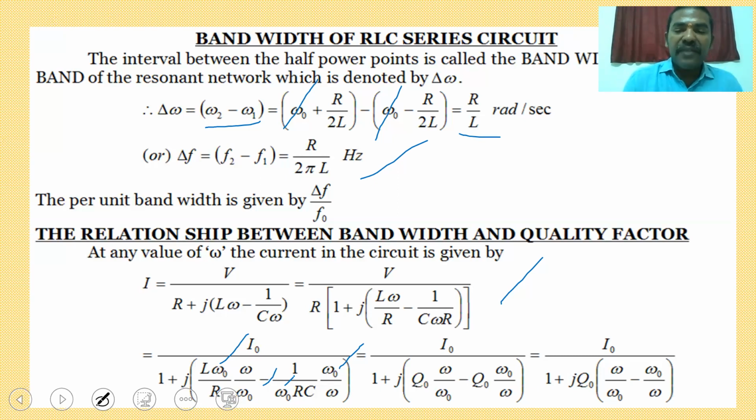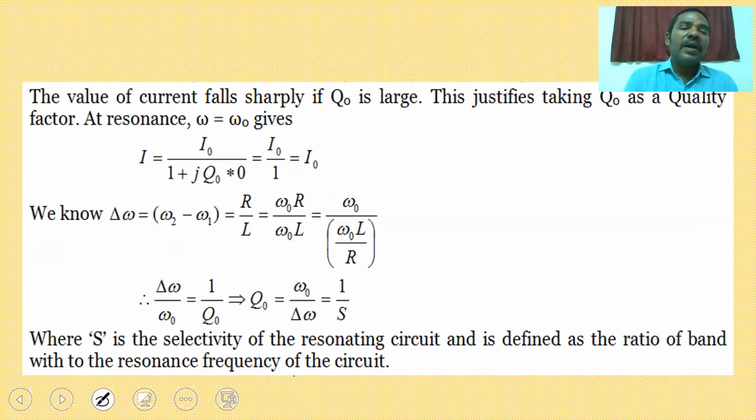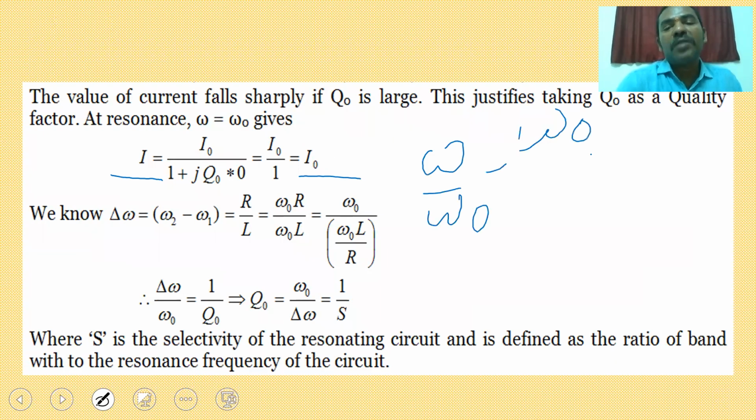So the quality factor always depends upon the frequency under resonance. At the same time, if the omega value and omega naught value are the same, then the total current must be equal to the resonating current only, because omega by omega naught and omega naught by omega both will be 1.